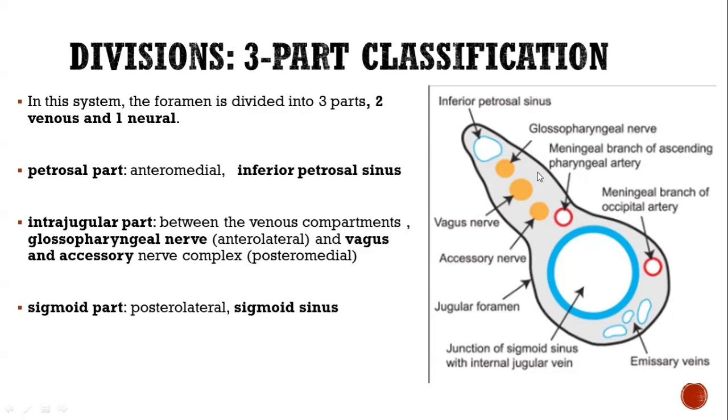In the medial compartment lies the inferior petrosal sinus, and in the middle, intrajugular compartment lie the nerves in the order from medial to lateral: glossopharyngeal, then vagus, then accessory nerve. After that, in the most lateral compartment is the large venous sinus, the sigmoid sinus, along with the meningeal branches of the artery and the emissary veins.